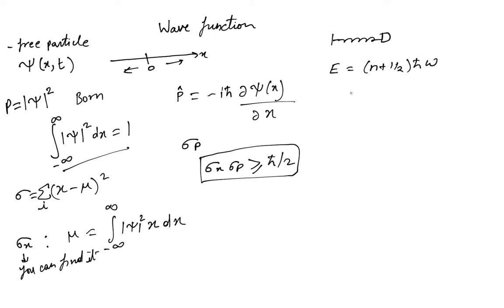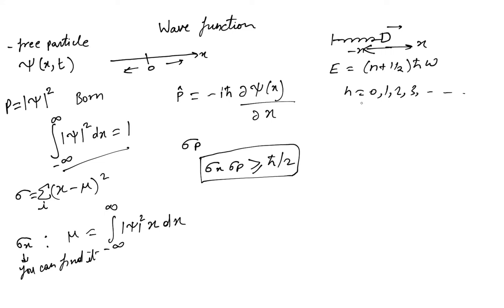This is the energy of the states, and n goes from 0, 1, 2, 3, and so on. And as you can clearly see, this is traveling in the plus x and minus x direction, so it has some probability of being found at any of these x positions.